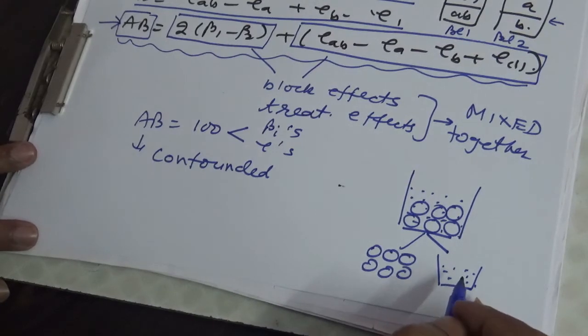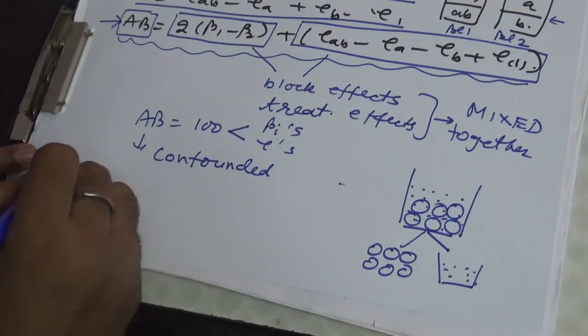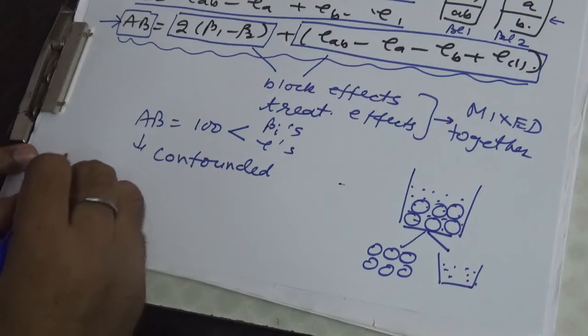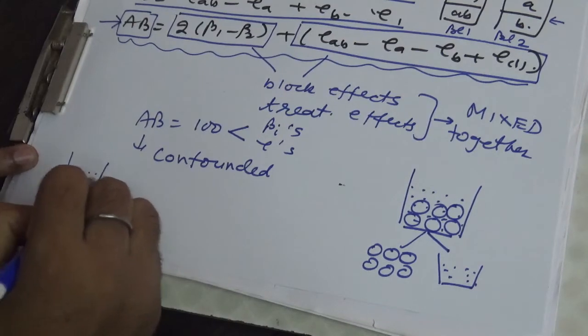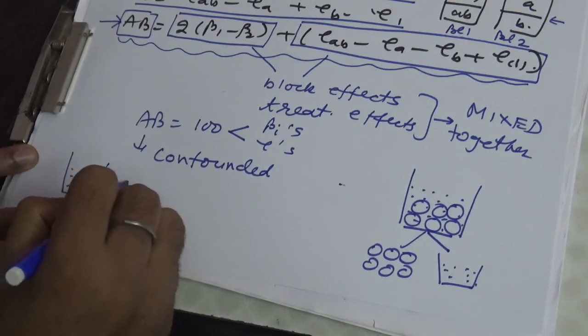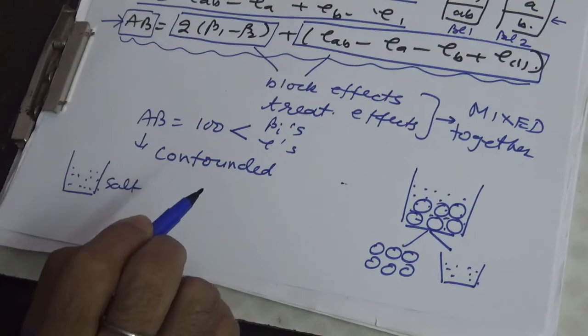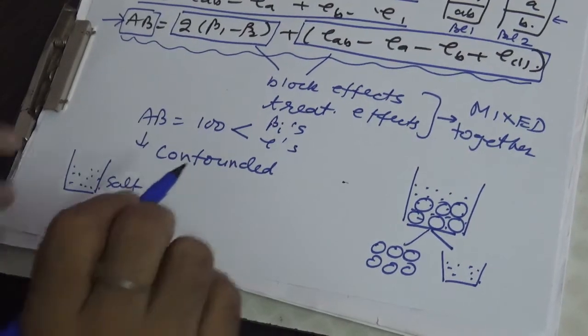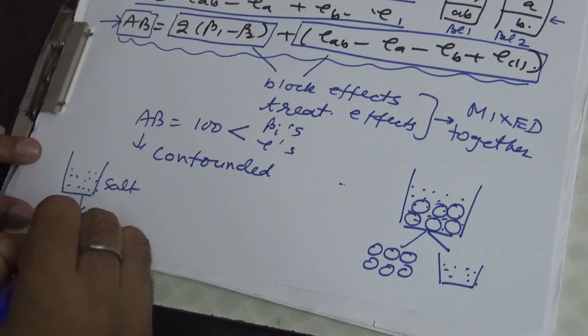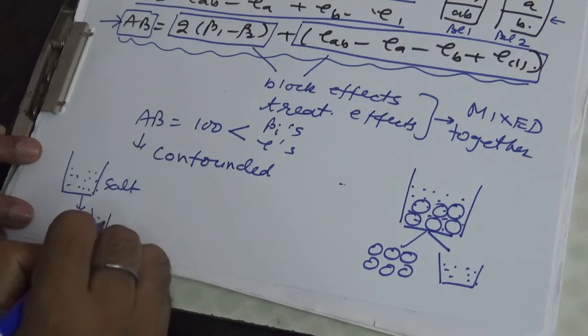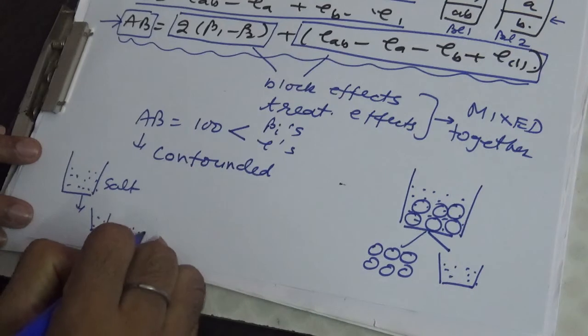But on the other hand, if I give you another example and ask whether you can mix some salt in this water, then from the water you cannot separate out the salt.